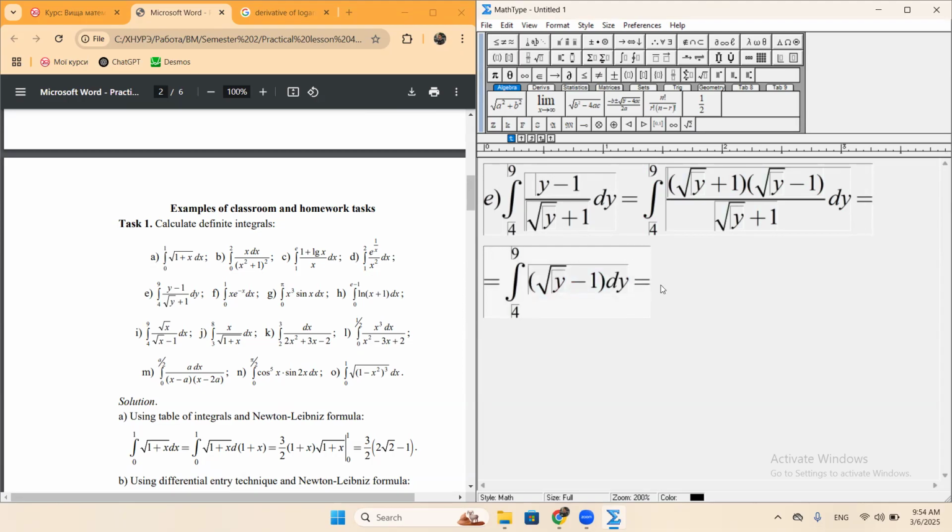Okay, and now let's calculate the integral. So using the Newton-Leibniz formula, we have the following expression: 2 over 3 y square root of y minus y, with substitutions from 4 to 9.